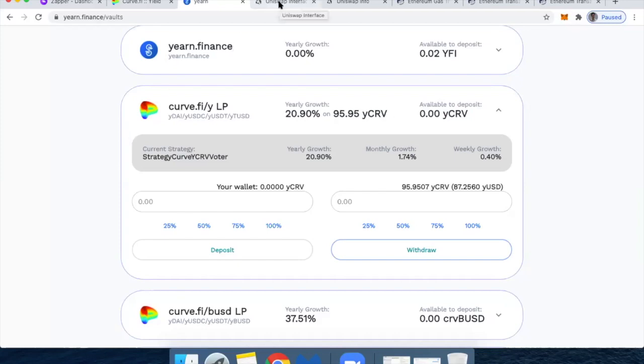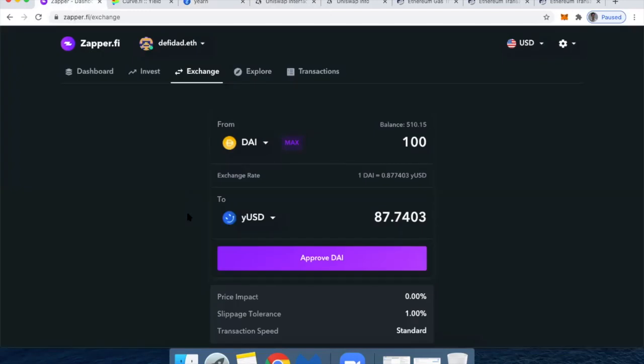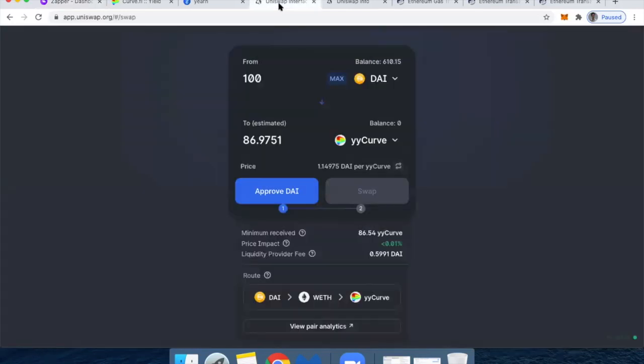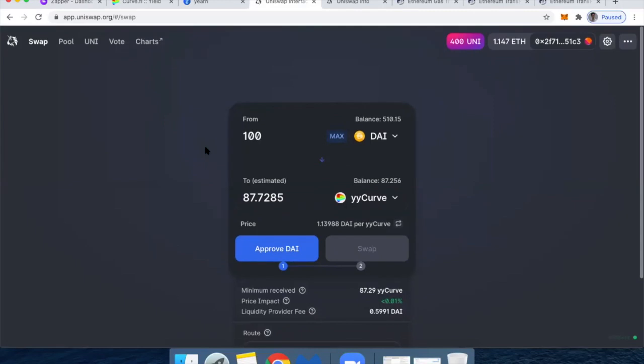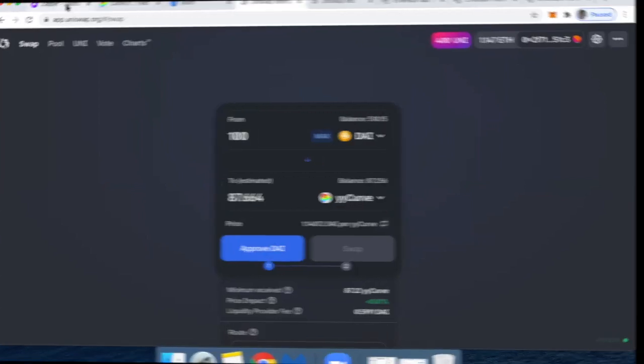When I go to do this swap through Zapper, for a moment, I'm exposed to smart contracts enabling me through Zapper, but then I'm also exposed to risk in using Uniswap. So lots and lots of money Legos at work here. That is the nature of DeFi, but I think it's worth noting that there is this risk, and it's good to be aware of that versus being blind to all the different tools that you're using.